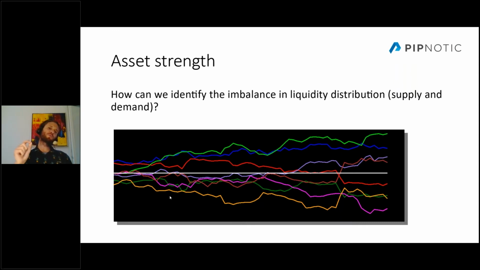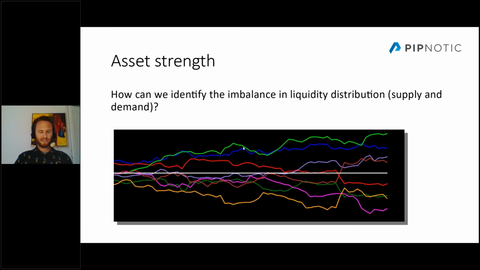And the key word is relative. If you look at this one here where we have the euro and the Swiss franc, they're both moving higher. Well, then this pair is going to be moving sideways. It's not going to be doing anything. Even though both are going higher, the price of this currency pair is not moving higher because the relative strength between these two currencies is the same.